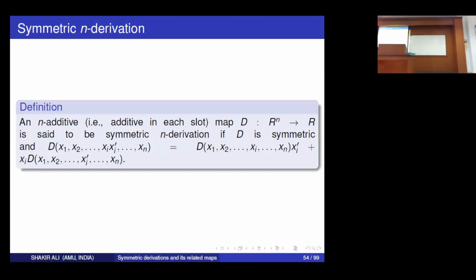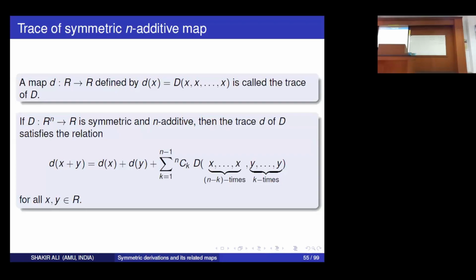So the idea of symmetric n-derivation covers all the previous ideas: biderivation, triderivation, and so on and so forth. Definitely, when we are talking about the biderivation, there must be a trace. So the trace for a symmetric map D is defined by this. If you remember, for n equal to 2 we took up to here.